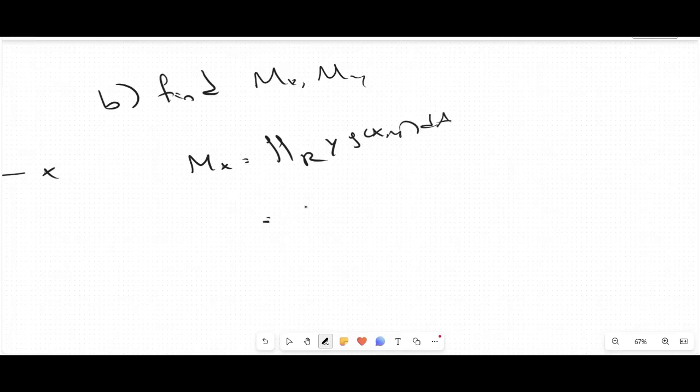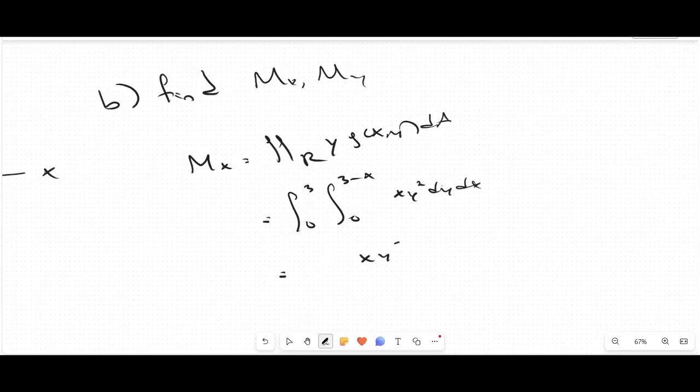So let's try to set that up. 0 to 3, 0 to 3 minus x. The density alone was xy. But now I've got to multiply by an extra factor of y. This is going to be too much for me to do in my head, but so I've got a y squared.